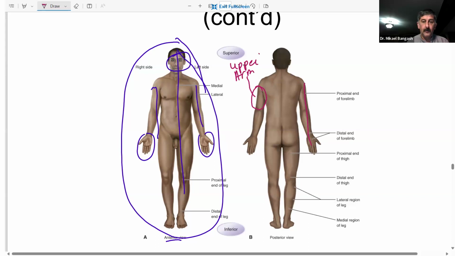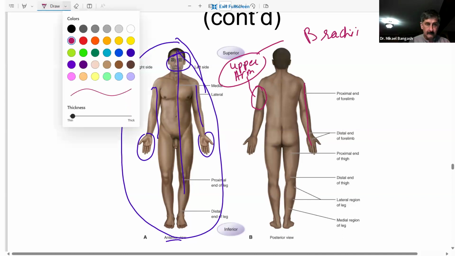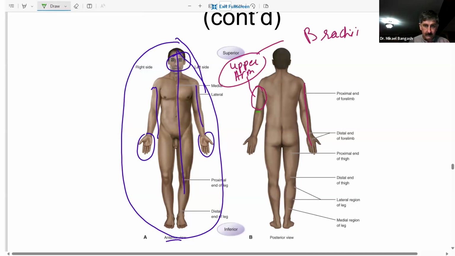And a technical word for upper arm is going to be brachii. Whereas this part here is what we technically will refer to as the forearm.